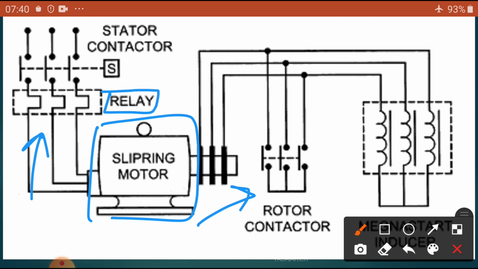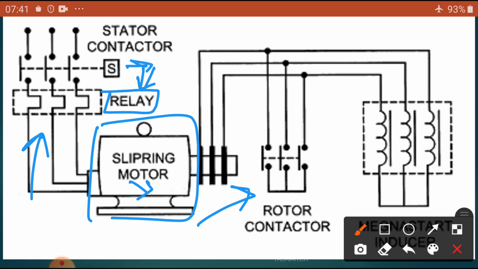Whenever the motor is under overload condition or there is any short circuit inside the winding, it automatically cuts off the supply to the motor. The stator contacts are operated with the help of the no voltage coil, everything similar to the previous starters. Minimum protection is provided for each motor.